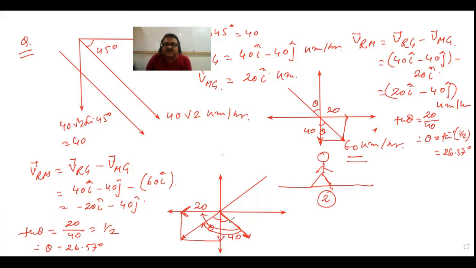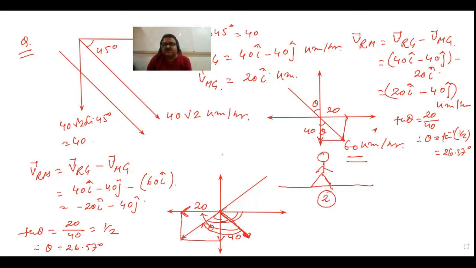So though it is 26, look at this. These angles are not the same. It is in the positive, in which quadrant? Fourth quadrant. It is in the third quadrant. That means if you calculate this angle and this angle, these are totally different. Clear? That means initially the man was holding the umbrella like this.